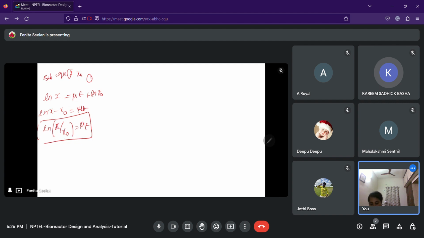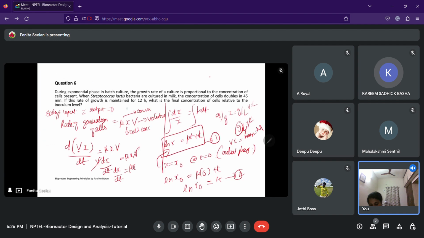So let's go back to the question they have asked. When Streptococcus bacteria are cultured in milk, the concentration of the cells doubles in 45 minutes. If this rate of growth is maintained for 12 hours, what is the final concentration of cells relative to the inoculum level?